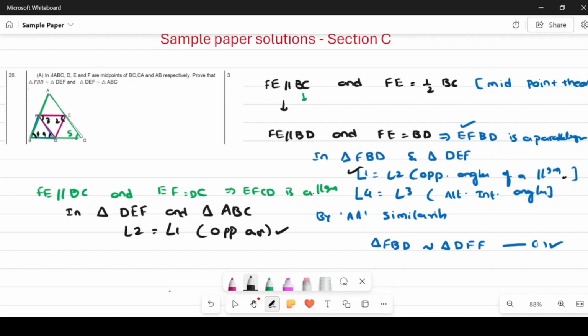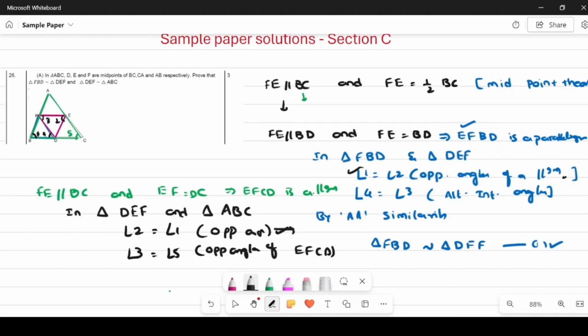Then angle 3 of DEF, which is angle DFE, is equal to angle 5 of ABC, which is ACB. Angle 3 is equal to angle 5. These are also opposite angles of parallelogram EFCD.